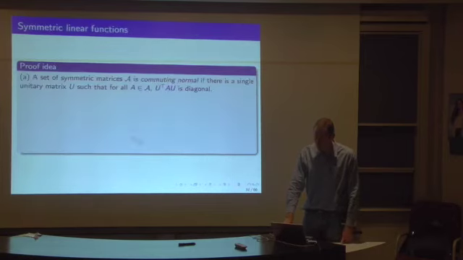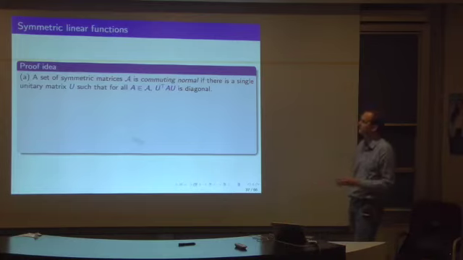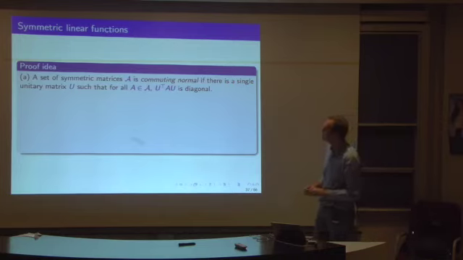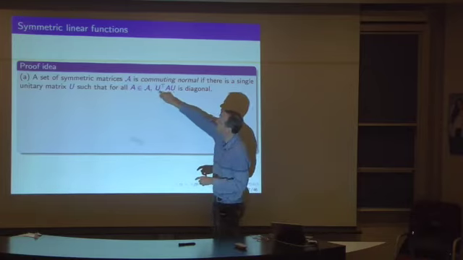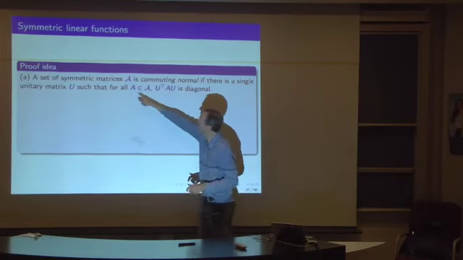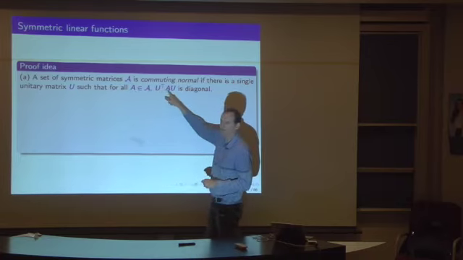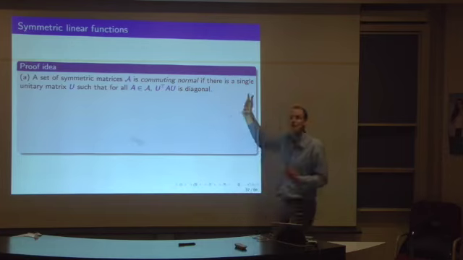Okay, so in the symmetric case, things are really simple. The idea is just that everything becomes diagonal, everything decomposes. If you've got a set of symmetric matrices, we say it's commuting normal if you can find a single unitary transformation that makes every matrix in that set diagonal. U transpose A U is diagonal for all A in the set.